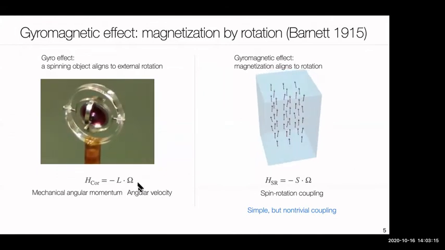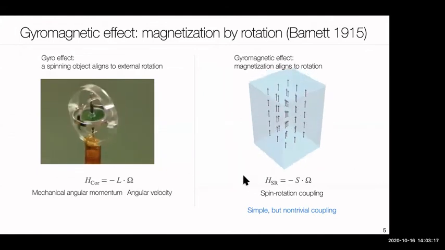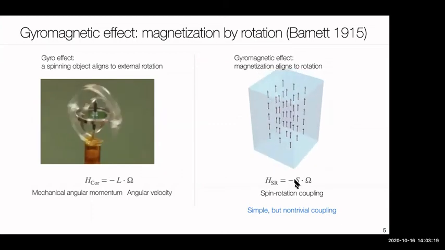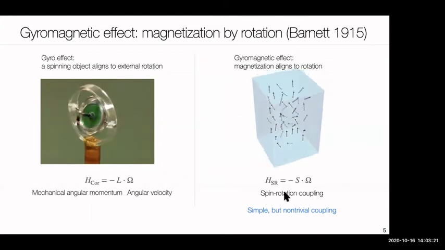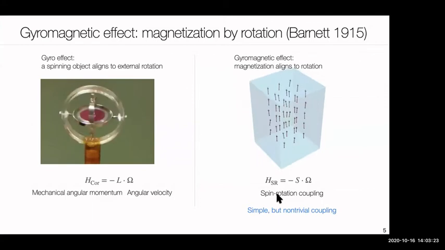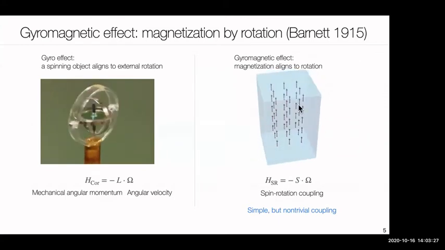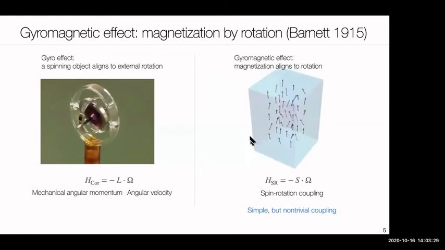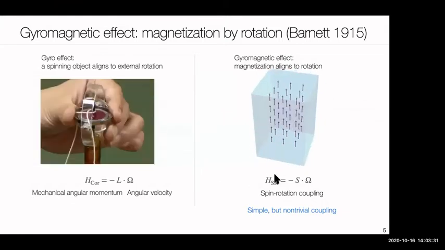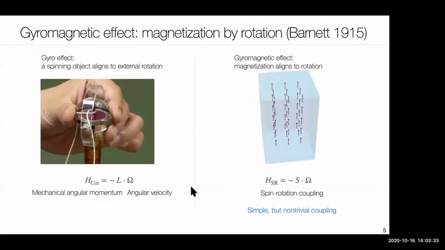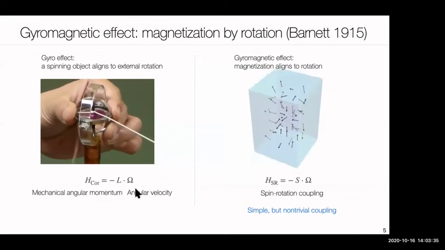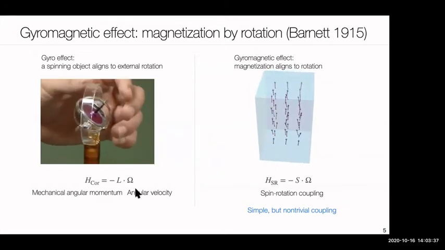And very similarly, in materials, we have the spin rotation coupling. By using this coupling, we can manipulate the magnetization by using external rotation. This coupling is very simple, but a very non-trivial coupling.